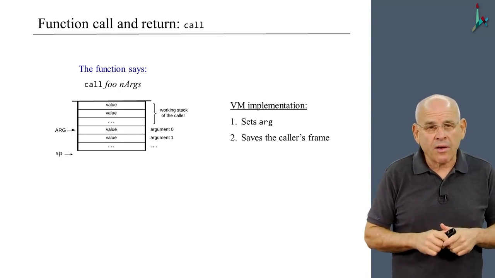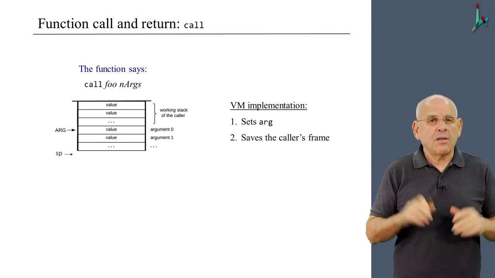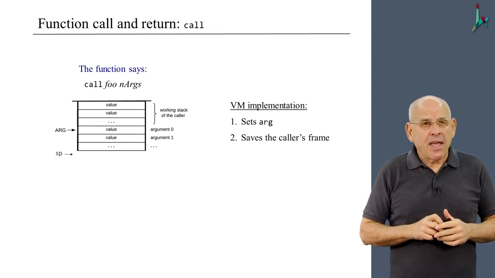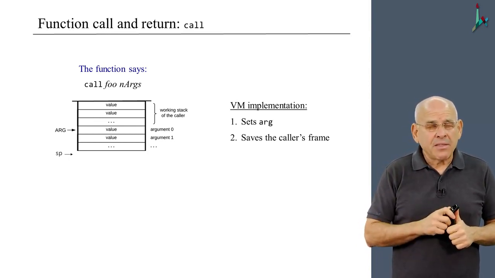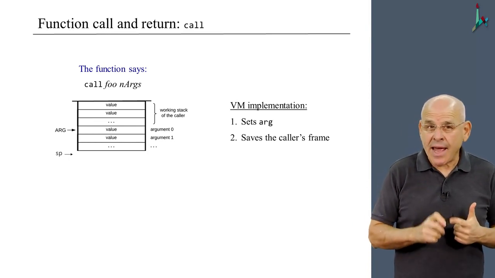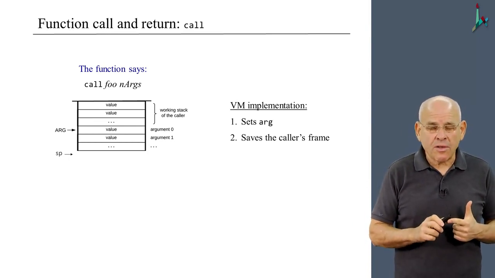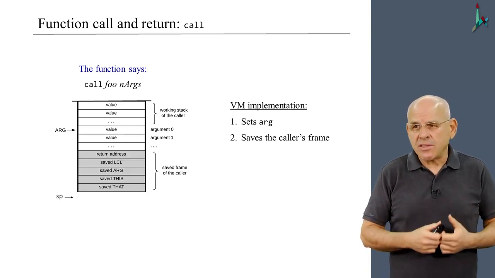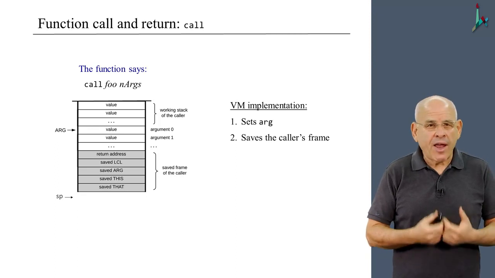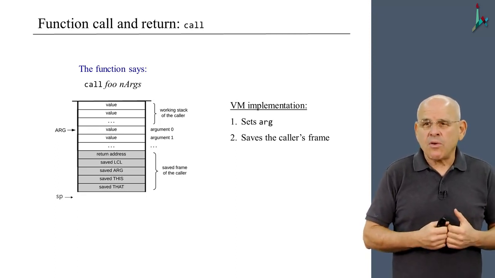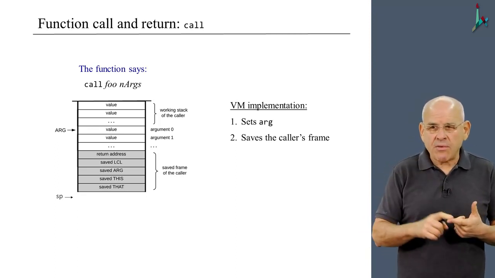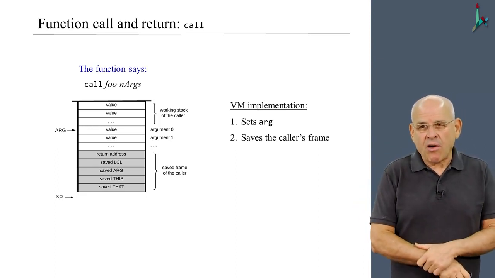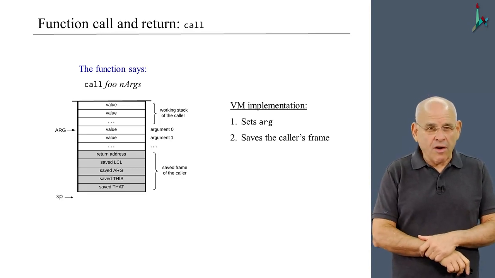The working stack of the caller is already on the stack, so it's safe where it is. And now I have to save the segments, and I also have to save the return address within the caller's code. Now, taken together, we call these things the function's frame. Okay, so the frame is just a fancy word that we use in order to refer to the return address and the saved memory segments of the caller.